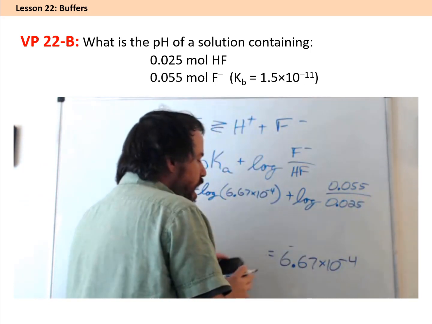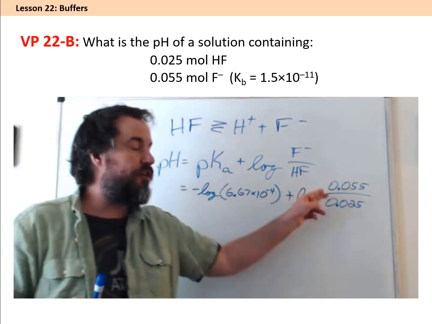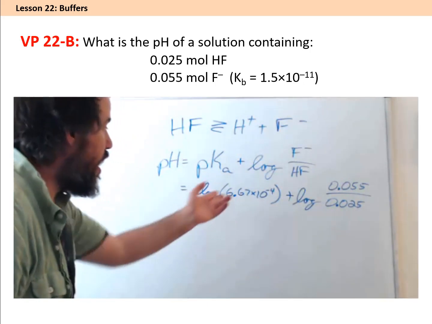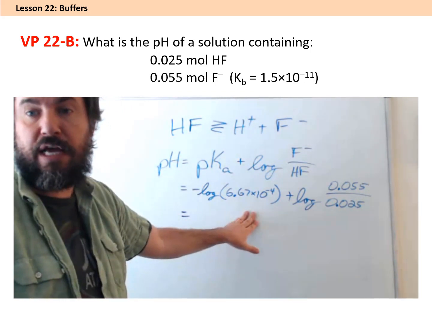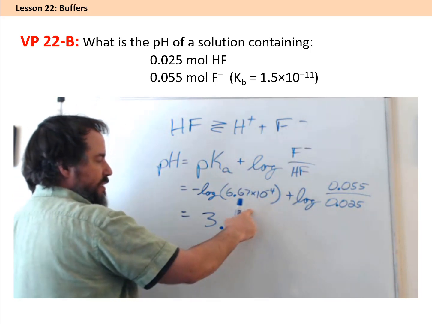All right. When we talk about Henderson-Hasselbalch equation, we can either use moles or molarity. Here we're given moles, so we just use that. So now if I take the log of this and then make that negative, I get 3.18, which kind of makes sense.